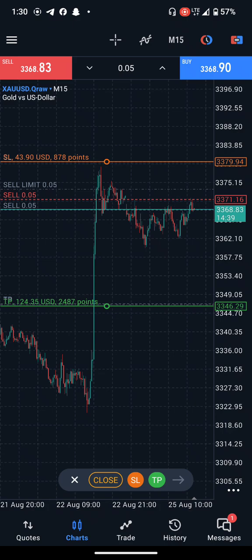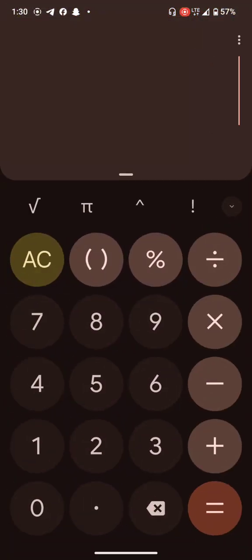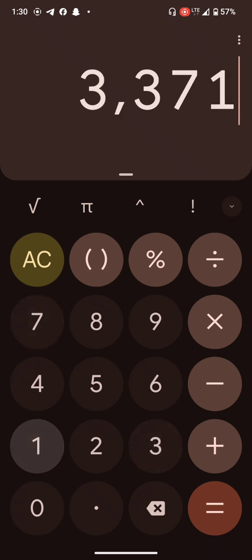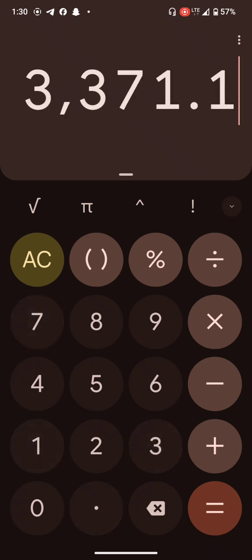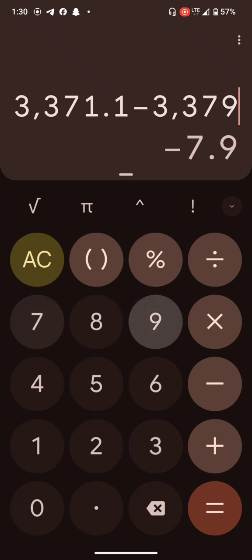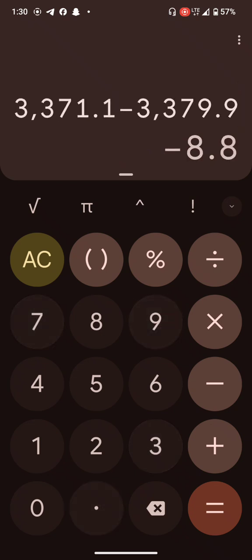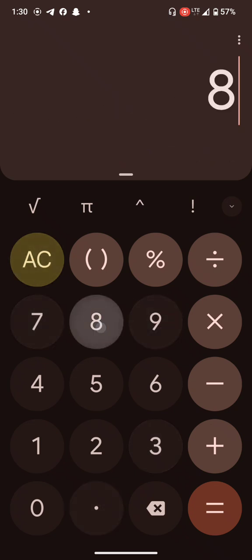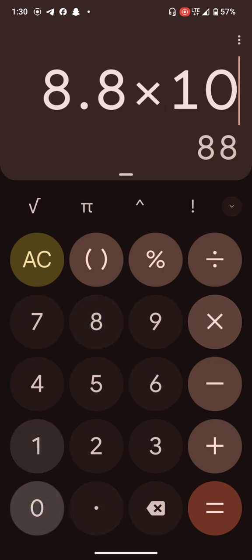Now in this second position that I entered at 3371.1, 3371.1 minus 3379.9, that's our stop loss. We are losing 8.8 times 10, 88 pips.